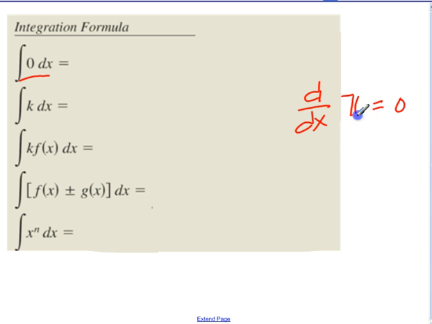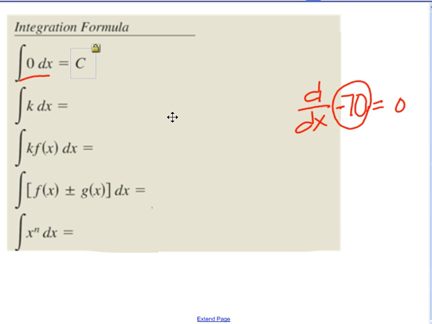If I did the derivative with respect to x of 70, I would get 0. If I did the derivative with respect to x of negative 70, I'd get 0. So what that's telling me is it doesn't matter what this constant is. Whatever that constant is, when I take the derivative, I'm going to get 0. So generally, I know that the antiderivative of 0 dx is equal to c, a constant.